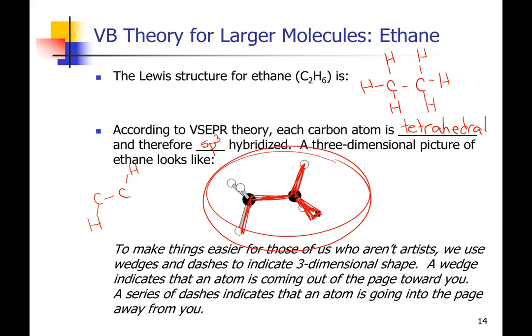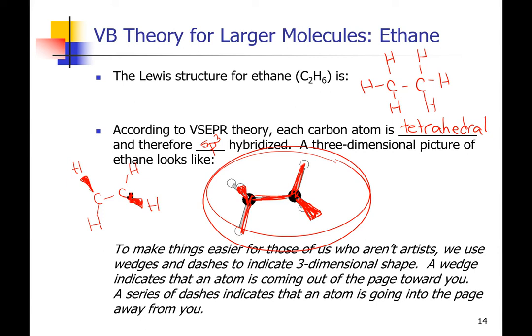Next, I indicate which atoms are coming toward me using a wedge. I'm essentially trying to draw the bond with extreme perspective. That's what that convention means. So this wedge here, a nice colored in triangle, indicates that that hydrogen is coming toward me out of the page, and the same thing is true for this hydrogen over here. The way that we show atoms that are behind the page or the bonds going away from us is using a dashed wedge.